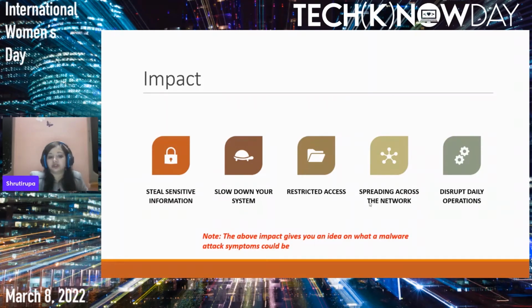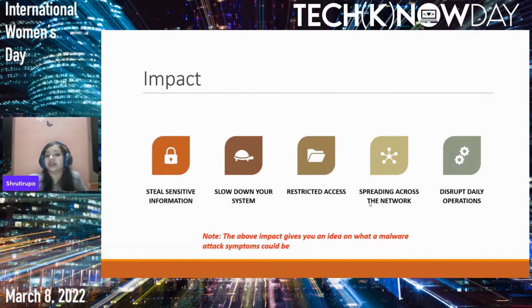And also, the above impacts give you an idea of what malware attack symptoms could be. So if you're observing that these kinds of things are happening in your system, it is very important to scan your system, or have a look at what is happening.